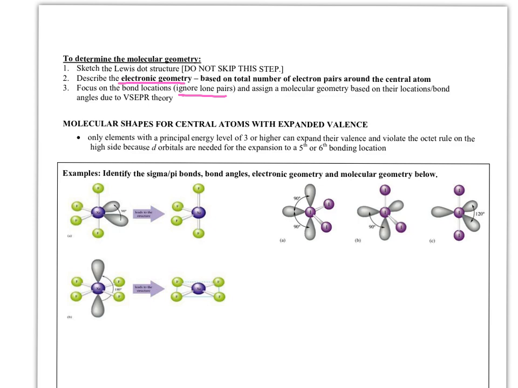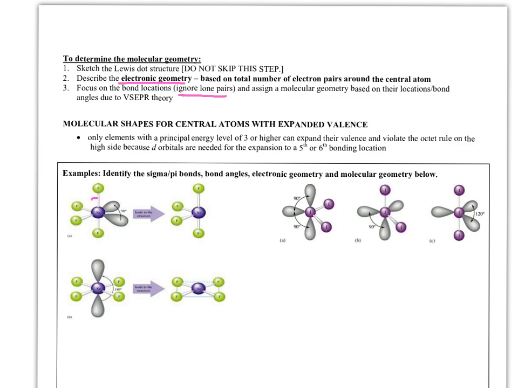Molecular shapes for atoms with expanded octets are a little trickier because you can replace some of those extra atoms in the expanded octet with lone pairs. So it creates different shapes. For example, on this first one up here on the left, there's 5 things on the center.